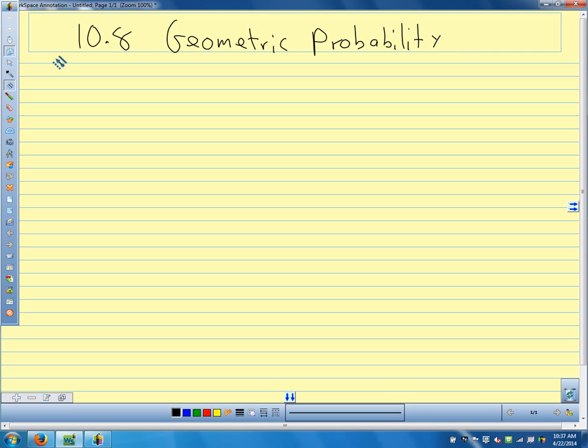So geometric probability. Let's have a quick reminder, a big picture idea of probability.